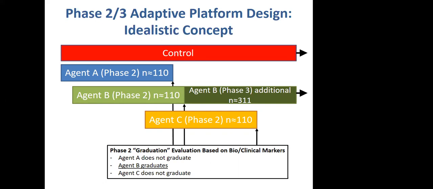So just looking at the numbers here, we have 110 on a particular agent in phase 2. I'll talk about where that 110 comes from in a moment. And then the phase 3 is adding an additional 311, so giving a total of 421 on the agent, and then being compared to a similar number in the control arm.